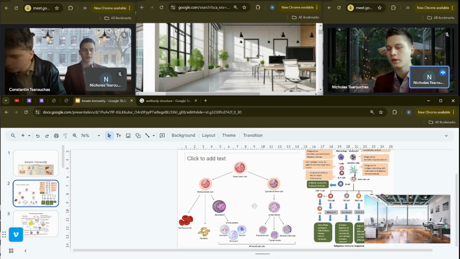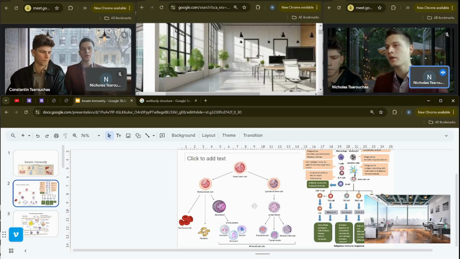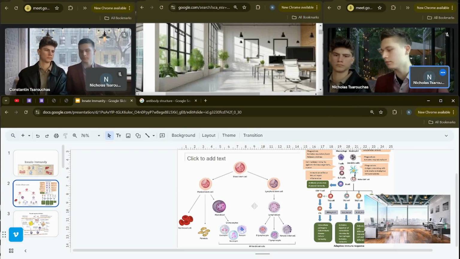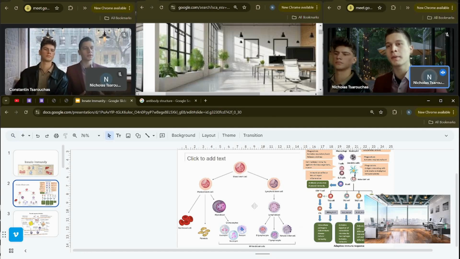So first, you have your T helper cell priming. You have your dendritic cell with antigen presentation in your lymph node. Then you have your T cell receptor with the complementary configuration to the MHC with the peptide.